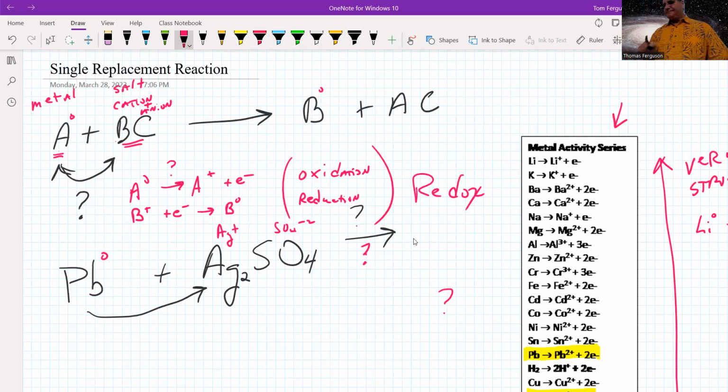If it does happen, the A gives up 1, 2, or 3 electrons, depending on the metal. For example, if you remember from our nomenclature, on the cation side, aluminum is a +3. So guess how many electrons it loses? 3 electrons.